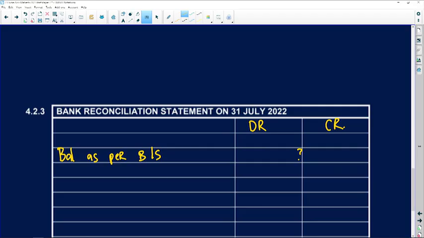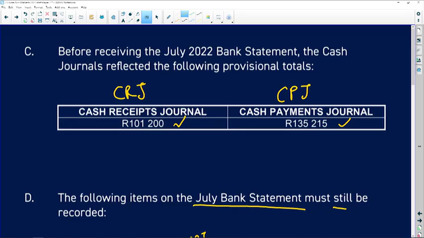Right, to this bank reconciliation, I now need to credit any outstanding deposits. Right, so outstanding deposits, remember it's in my books, but for some reason the bank hasn't acknowledged this deposit.